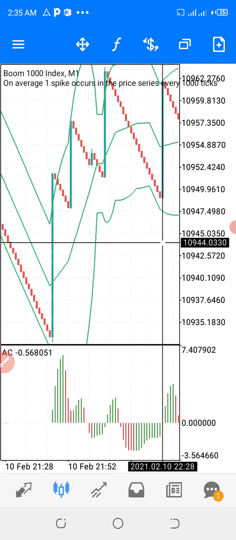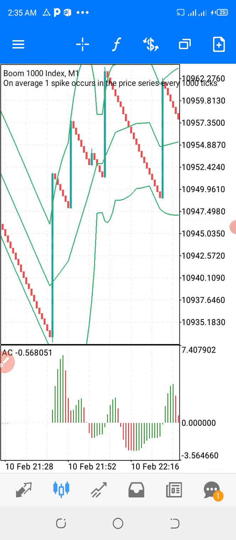Now when it comes to Crash, it is the opposite. For Crash, you need to make sure that it's an uptrend. Why? Because Crash moves one way and the spikes go down.